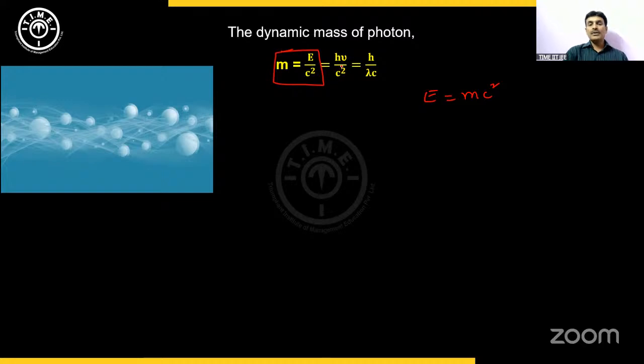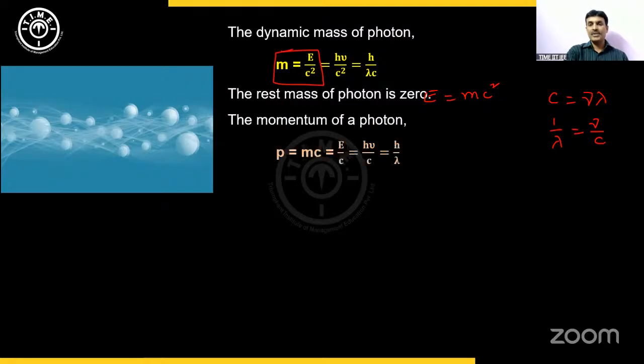Whereas nu by c is nothing but 1 by lambda, from the relation c is equal to nu lambda. So it can be written as m is h by lambda into c. That mass is called the dynamic mass, whereas its rest mass is 0. When photon is at rest, its mass appears to be 0.